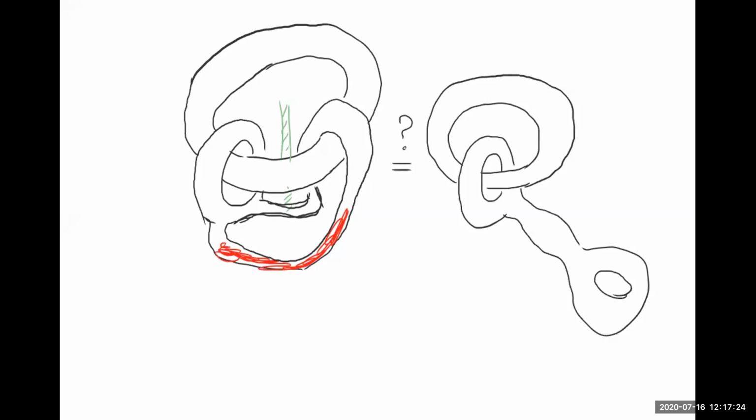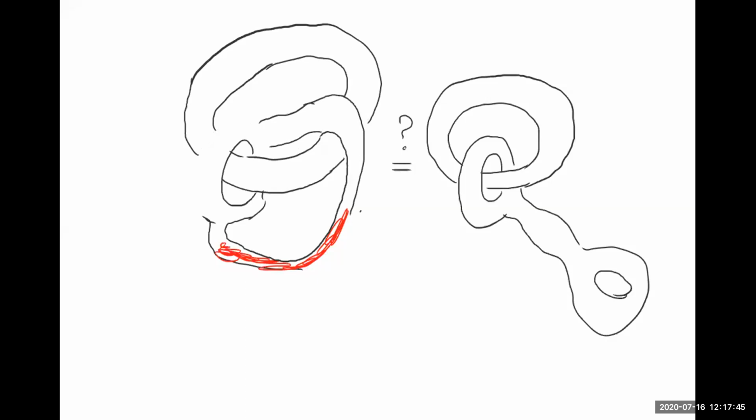We can keep on pulling this thing. It would go up there. It wouldn't go down anymore. And then if I just bring the rest down from here, I would get exactly what I have here.